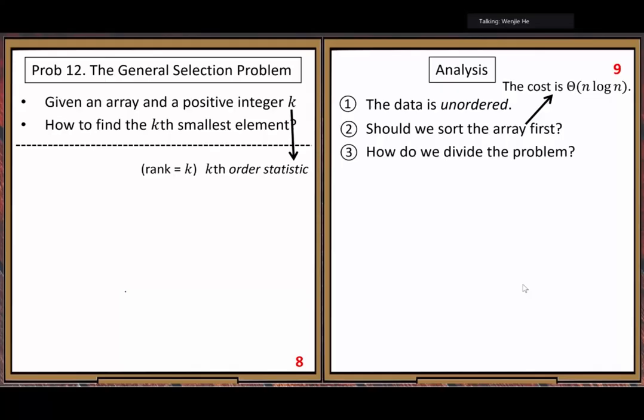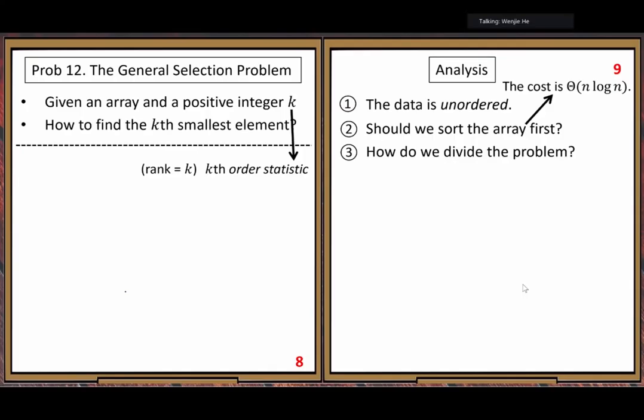The reason is that if you only need to find one element with the kth order statistic, you do not need to sort.